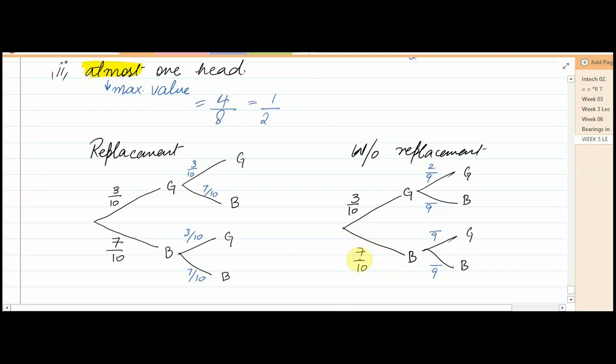The blues are 7 here, so it will be 7 here. Similarly, if you pick the blue chocolate, it's 7 upon 10. After that, it won't be 7, it will be 6. But the effect of blue won't influence the green chocolate, so it will be 3. So that is the case of without replacement, right?